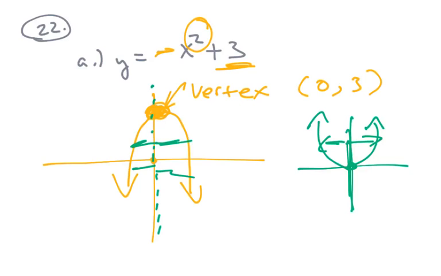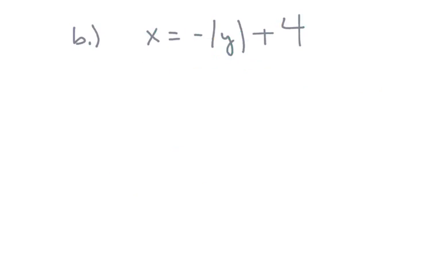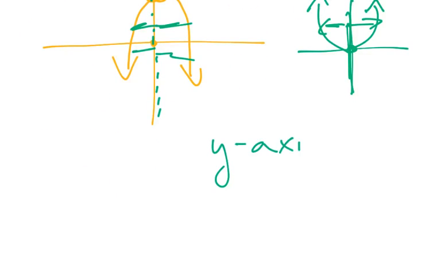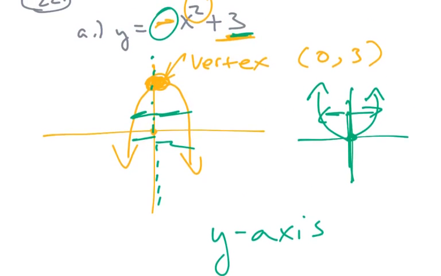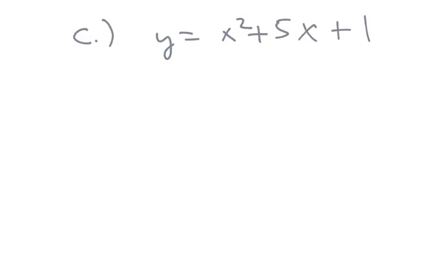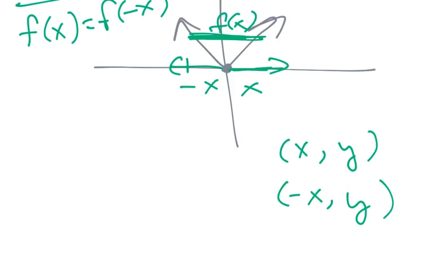I just took the parent function, I lifted it up 3, and then I flipped it, so it's of course still going to be symmetrical with the y-axis. That's the easiest way, I think, of doing it. However, you could also just simply plug in x, whether x is positive or negative, and you're getting the same y value.